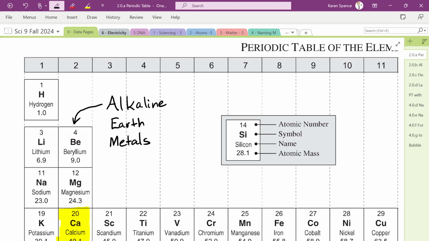Group 2 has a charge of 17, right? No. Group 2 has a charge of? Make a guess. 2. Oh, look at that. Group 1 has a charge of 1. These are both positive. Group 1 is positive 1, group 2 is positive 2, and group 3 is positive 3.